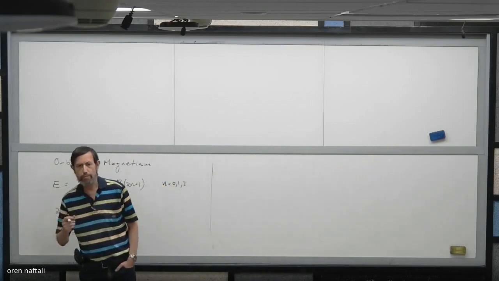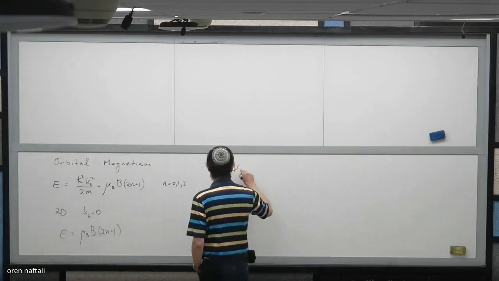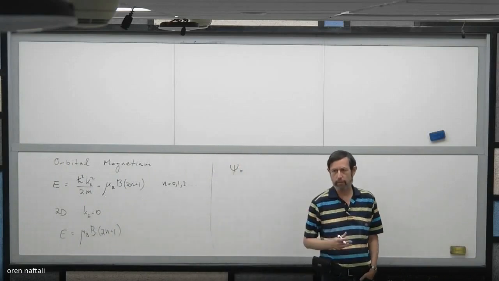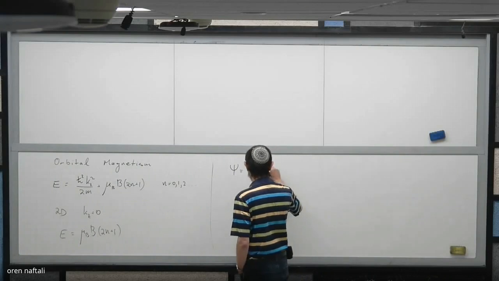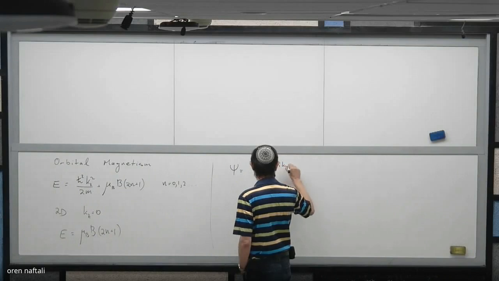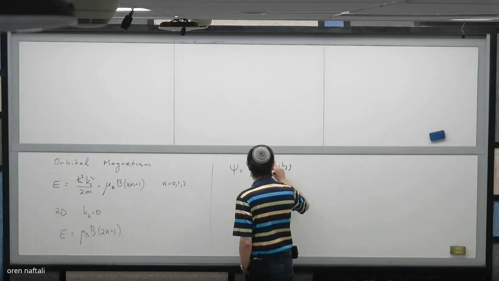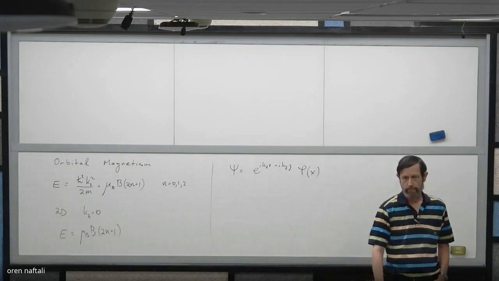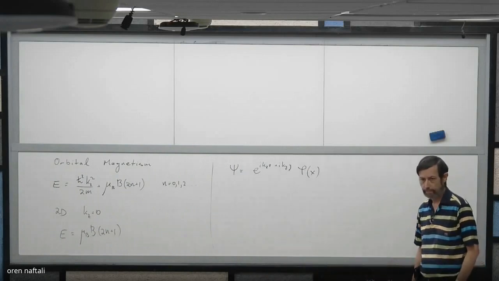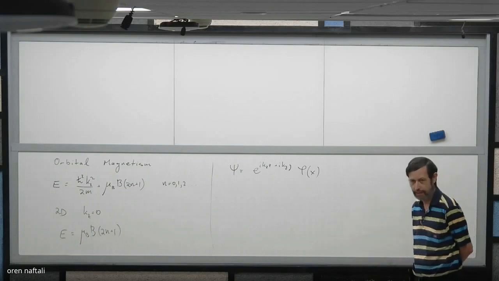Okay, if you remember, the solution that we guessed for this system was of the structure e^(ikx x plus iky y), sorry, z, plus some function of x. Right, that was the solution that we started with in order to get this energy.